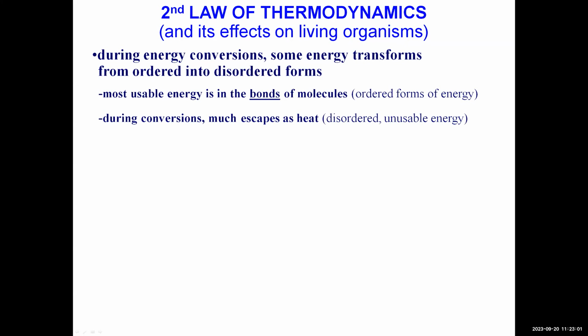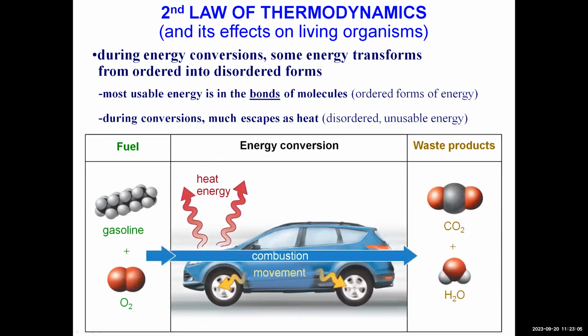A classic example of this is a traditional gasoline car. Gasoline cars use chemical fuel, gasoline and oxygen, in order to create a combustible engine. The combustible engine converts chemical energy into kinetic energy.